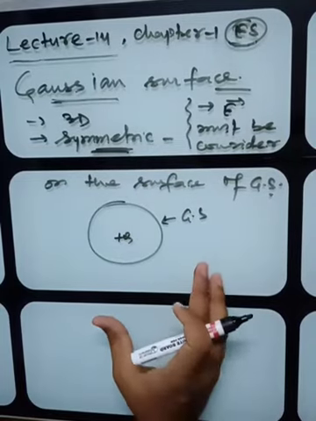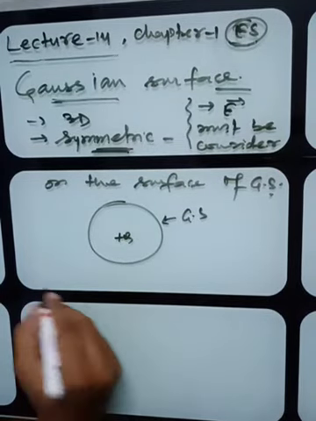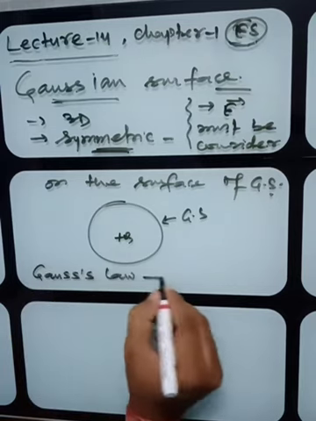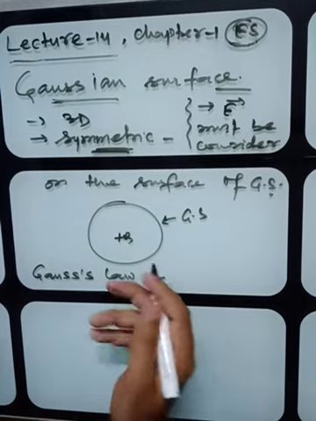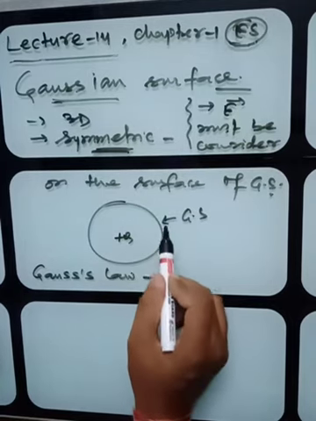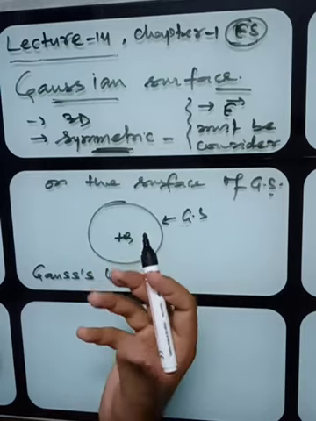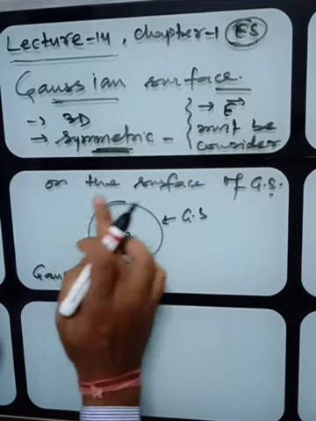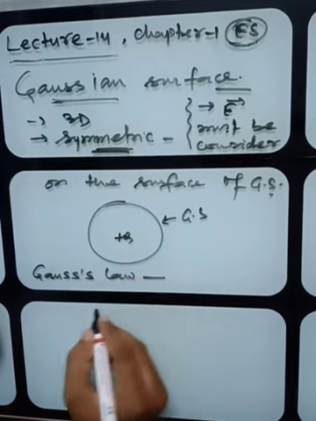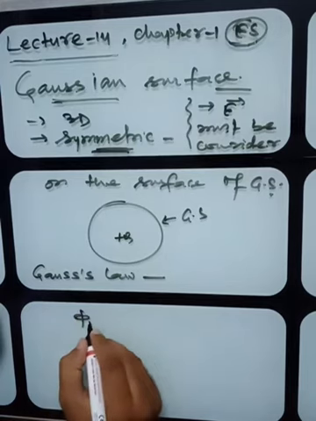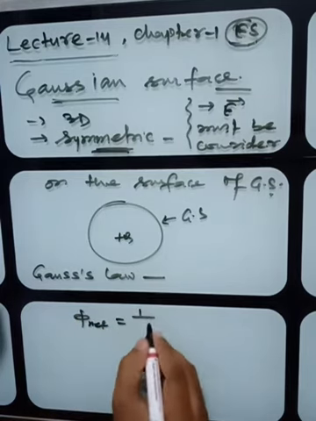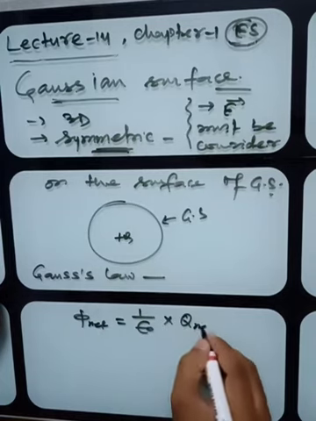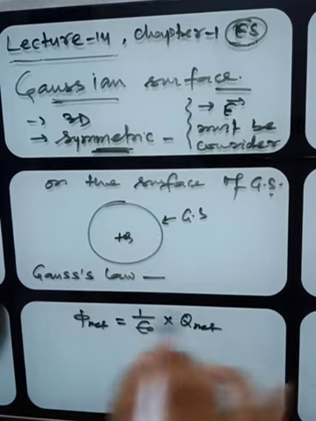And statement of this Gauss law, students, in such a way, the statement is the total electric field lines encountered by this Gaussian surface, total flux, must be equals the total flux, here the phi net, it must be equals to 1 by epsilon naught times the net charge enclosed by this Gaussian surface. This is the Gauss law.